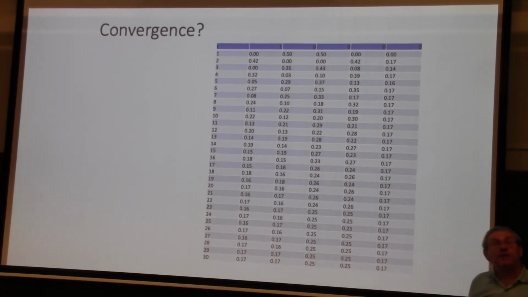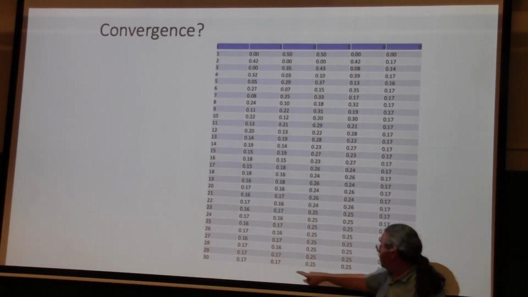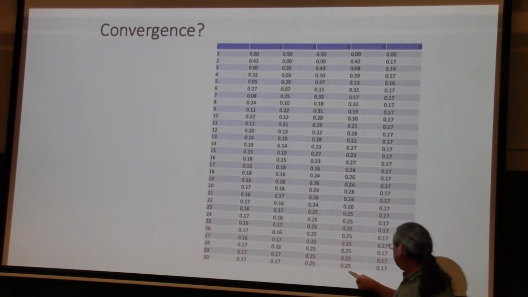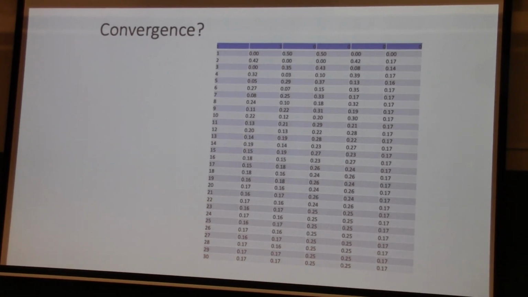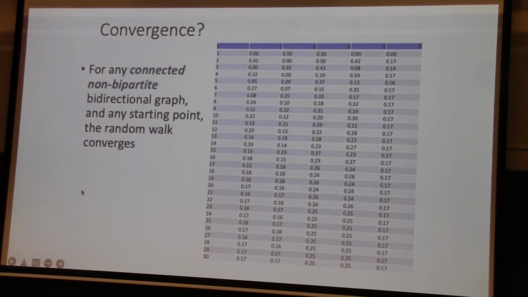And it kind of looks like it's converging, right? 17, 17, 25, 25, 17. What do you think? It smells like it's converging. And it does actually converge. And you can prove that for any connected, non-bipartite, bidirectional graph, at any starting point, the random walk converges.